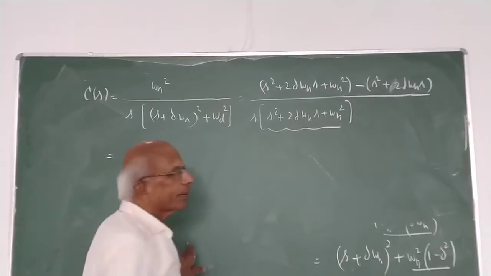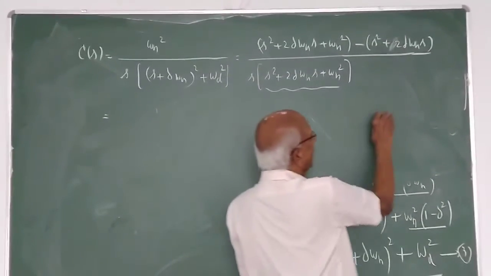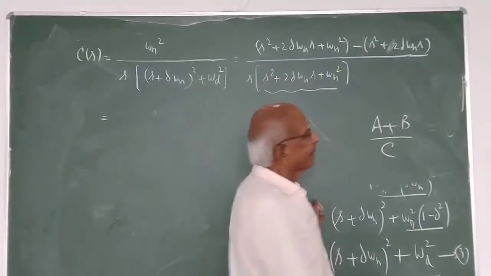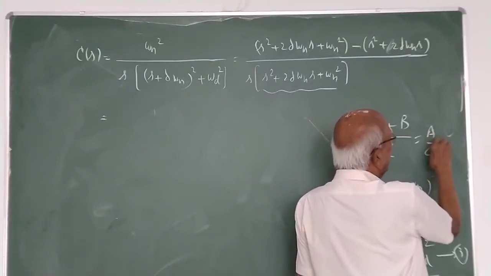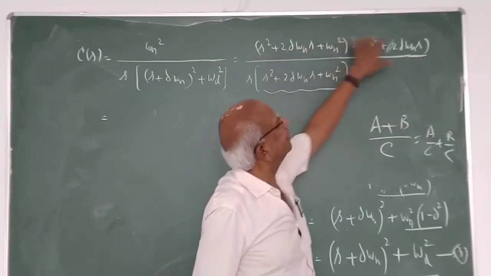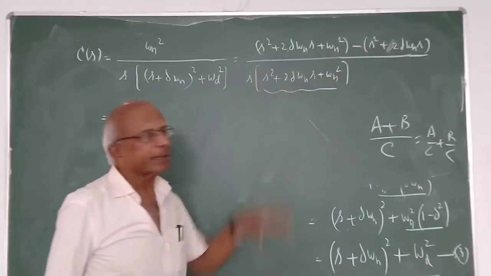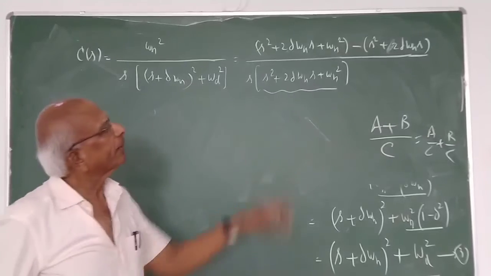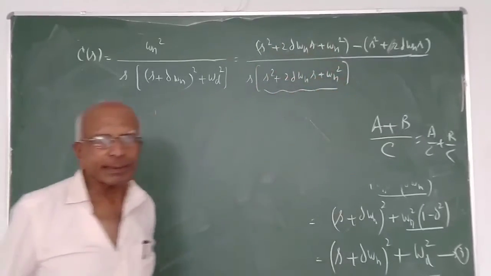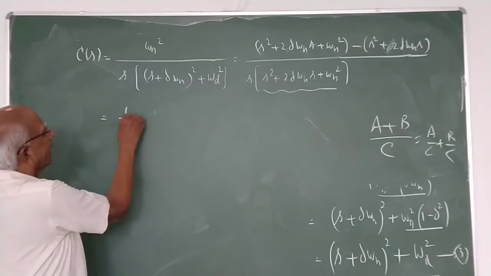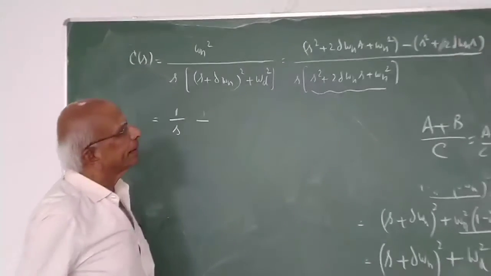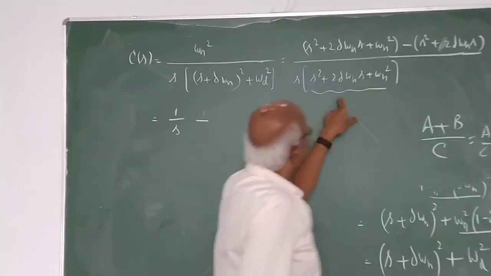Now what do I do? Hope you remember the simple equation from mathematics: a plus b by c, I can write as a by c plus b by c. So this is a, this is b, and this is c. Don't you think this one and this one get cancelled? So you'll get 1 by s, the independent term, minus this by this.